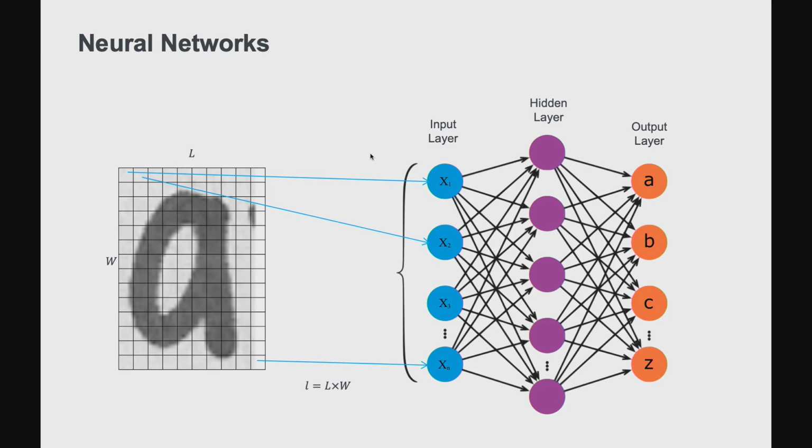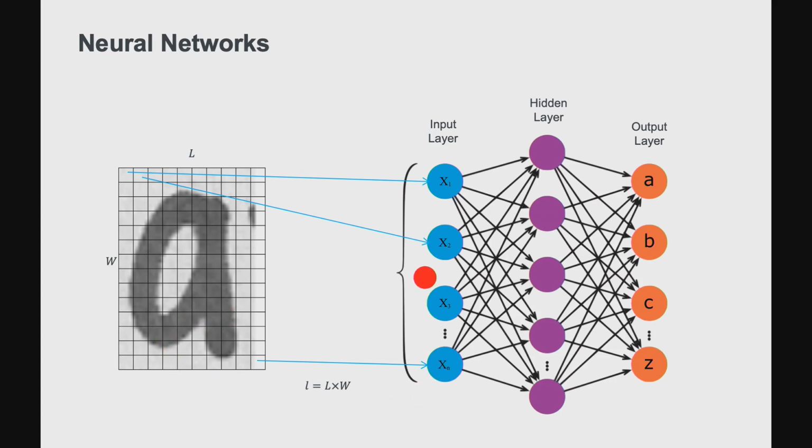Okay, so how would we feed such a neural network? For handwriting recognition, we typically would have different pixels, and every pixel would have a corresponding gray value. Of course, such a cell might have an intermediate gray value.